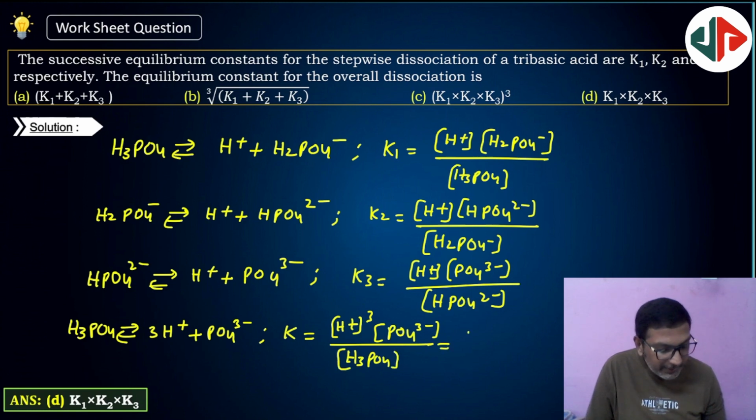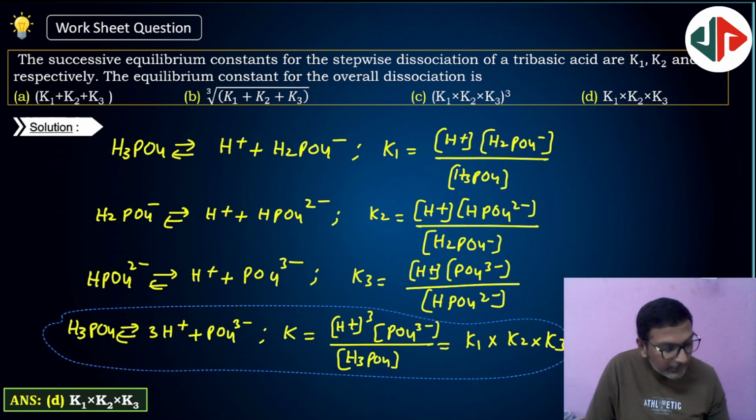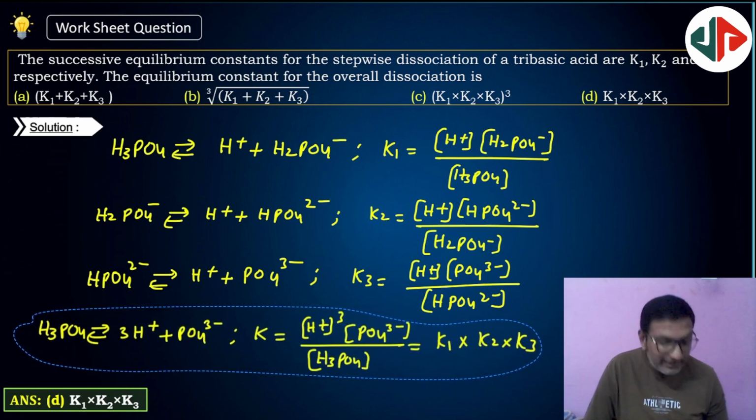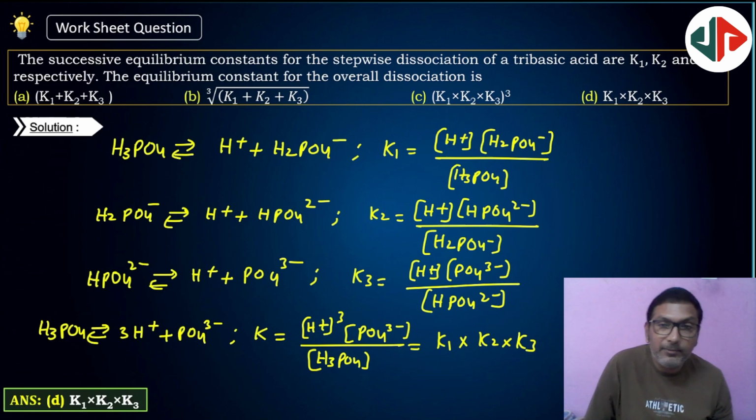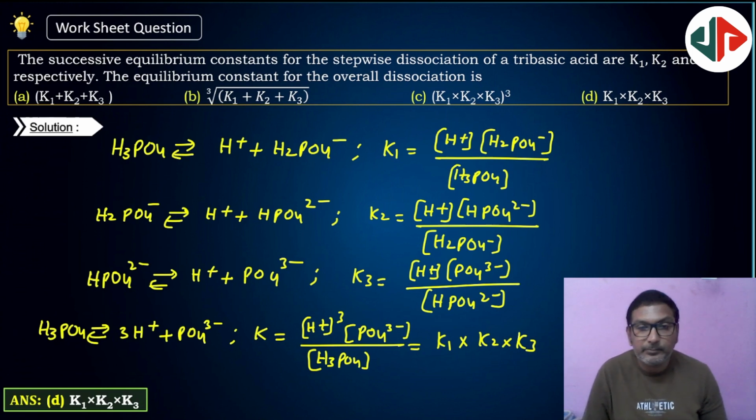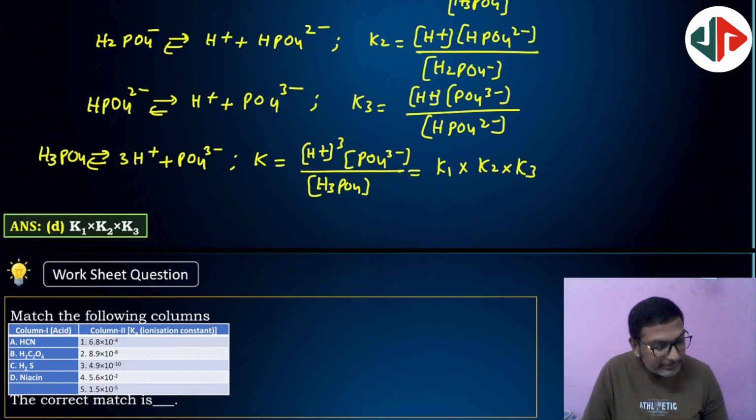So this will be equal to K1 into K2 into K3. Clear? This is a very important model. Overall equilibrium constant is the product of the different formation or dissociation constants. So option D. Multiplication should be there. Next.